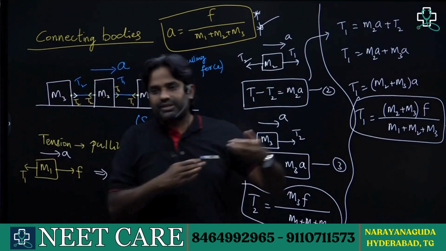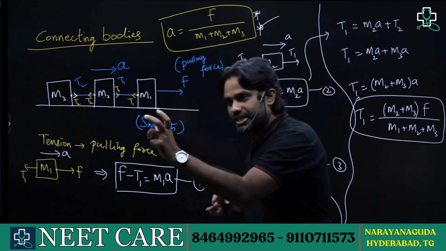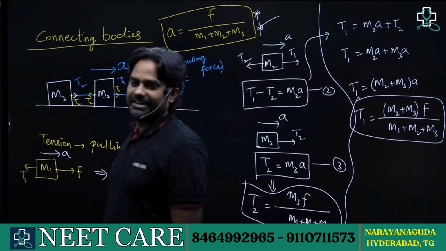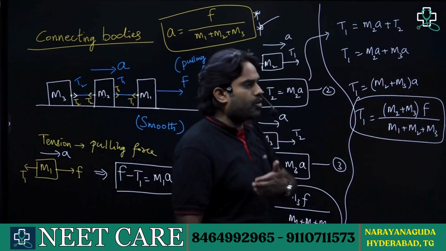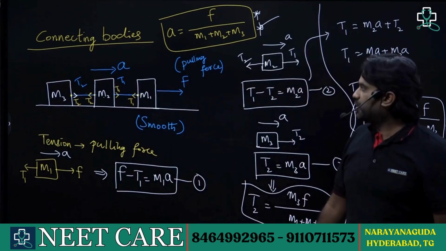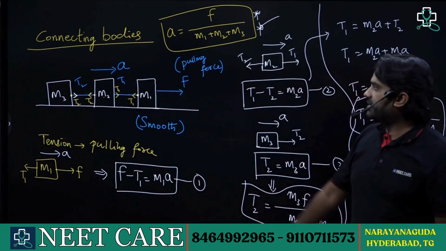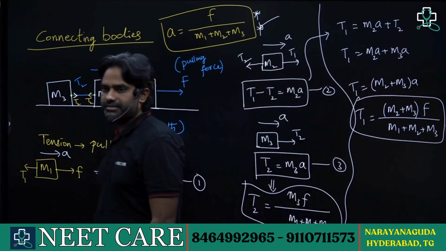Because of pulling, all three are accelerating. But in the previous case, because of pushing, all three are accelerating. Only the nature of the force is different, but how they accelerate due to force capital F is the same. You shouldn't confuse. You have to take the free body diagram correctly, then you go ahead. Clear? Right.